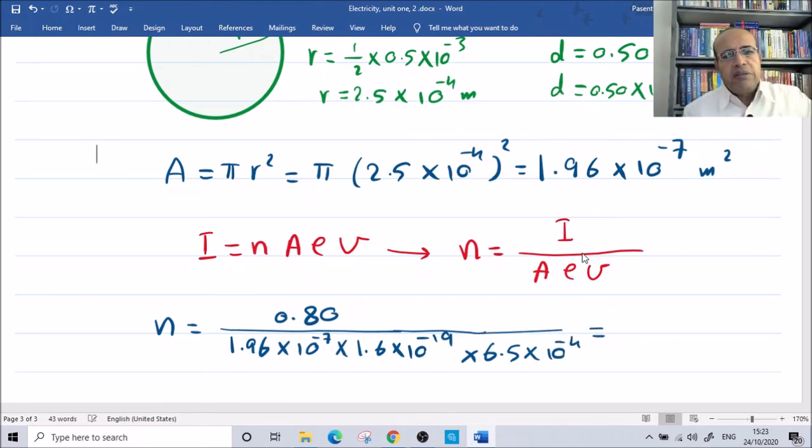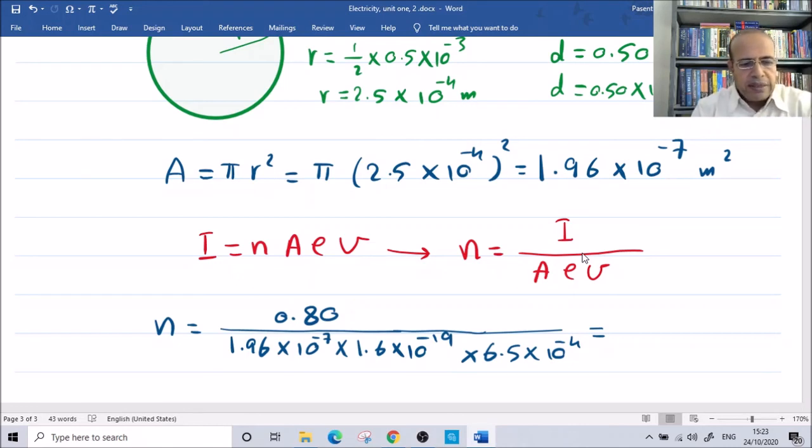We use the calculator to get this value: 0.8 divided by 1.96 times 10 to the power negative 7, multiplied by 1.6 times 10 to the power negative 19, multiplied by 6.5 times 10 to the power negative 4.